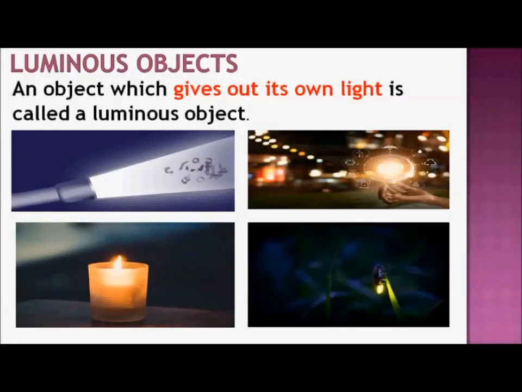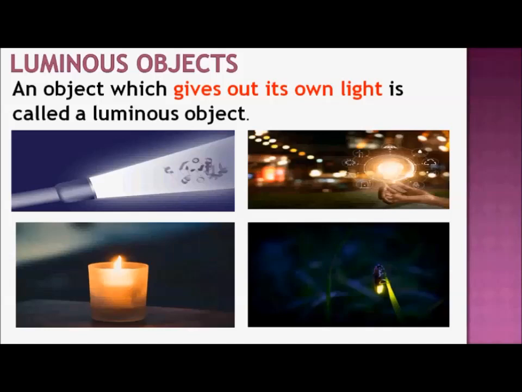First we will see luminous objects. Here you can see a torch, bulb, candle, firefly. These all are luminous objects. What are luminous objects? An object which gives out its own light is called a luminous object.